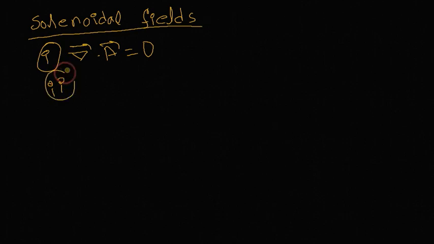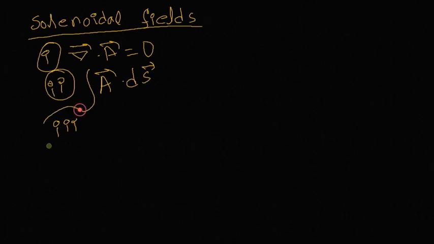For solenoidal fields, del dot A equals 0. This already happens, we know. Number 2 is that A dot ds is independent of surface.